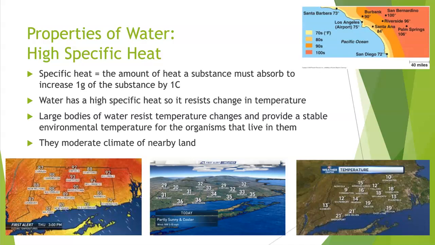So if you look up here in this diagram in the corner, you can see that the temperature near the ocean is in the 70s, but as you move further away from the water, it gets to be in the hundreds. The same thing happens here in Connecticut. If you look at this particular weather map, you can see that inland, up here near where we are, it's 92 degrees, but down here on the coastline, it's only 79 degrees.